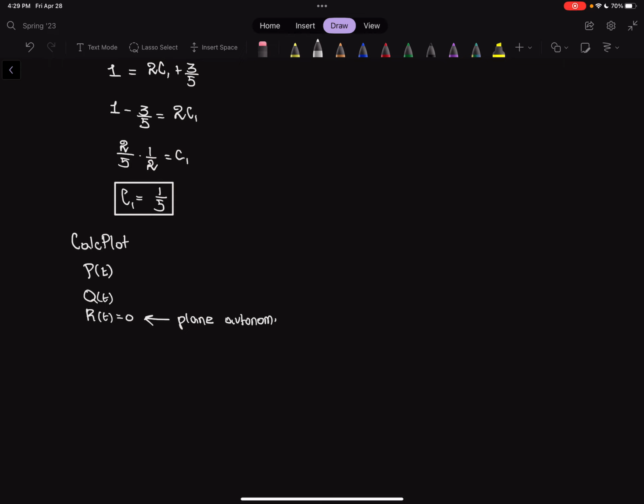It's literally because we can represent it in a 2D surface, so, in a 2D plane.